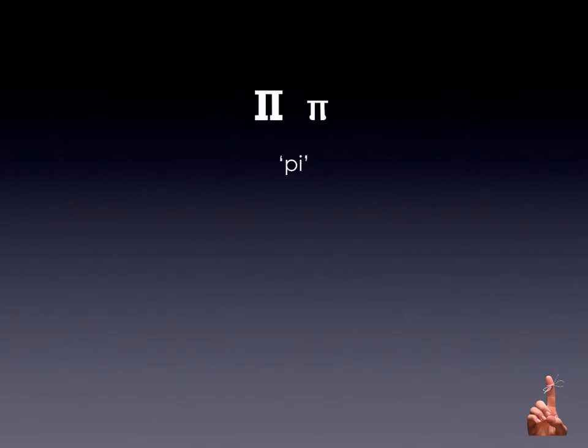In Greek, it's called pi, and it makes a P sound as in, well, pi. Here we have the fe, which is an F sound or a PH sound, however you want to look at it. It's F as in feather, or PH as in phone.